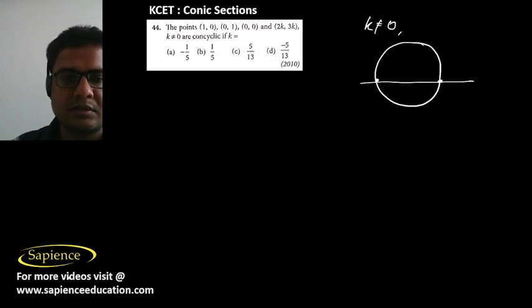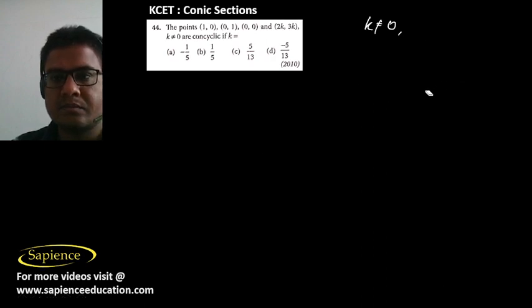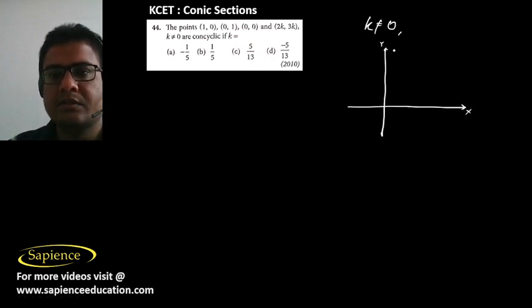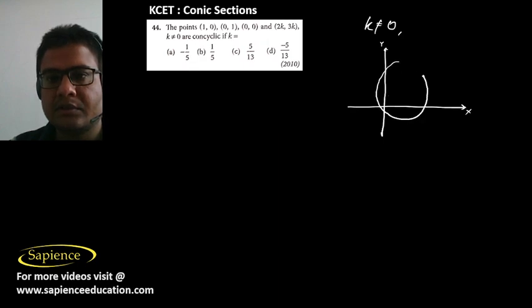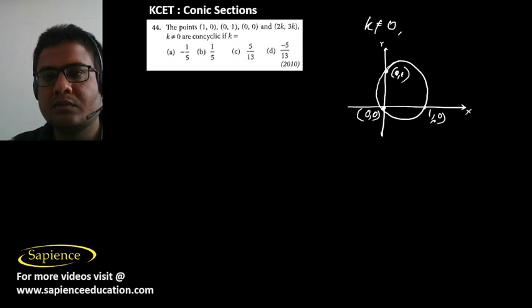So it means that, this is the x-axis, this is the y-axis. The circle should be somewhat like this. It should pass through the origin, and it should pass through the points (0, 1) and (1, 0) also.